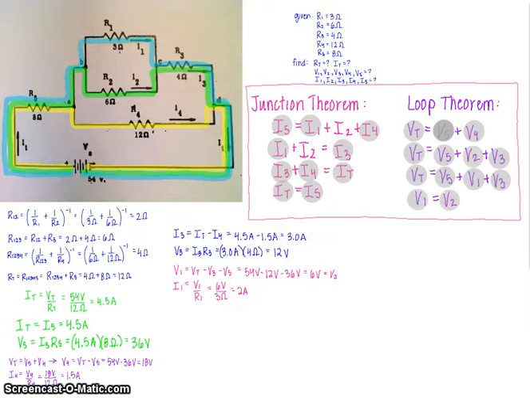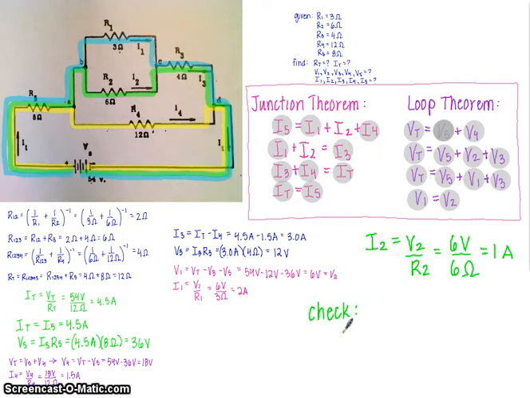For the final steps of this problem, we have a couple choices. Because we know V2, we can find I2 using Ohm's law. Or we can use either one of the first two equations found through the junction theorem, and it's nice to do that as a check.